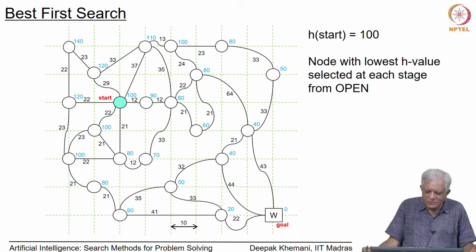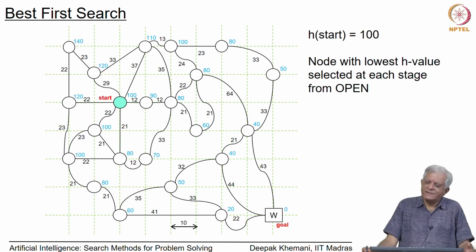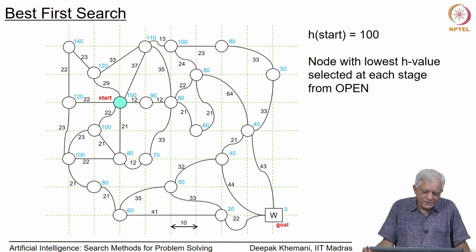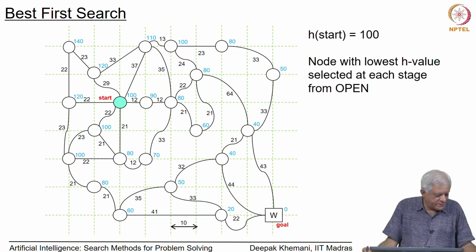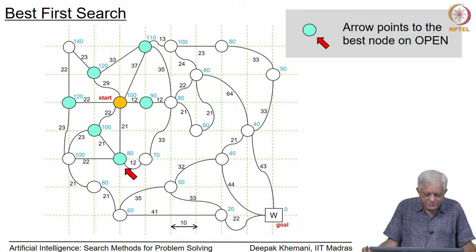So, we will just show the open nodes in cyan and closed nodes in orange, and see how the algorithm proceeds. So, as any algorithm, you start from the start node here and then start exploring the graph, looking for a path towards the goal node.